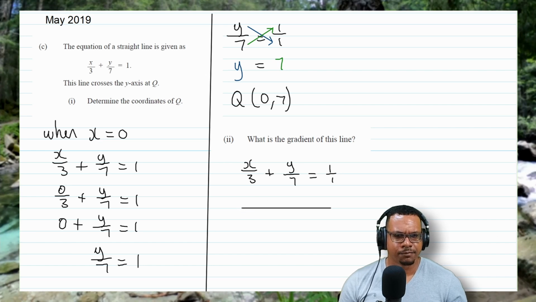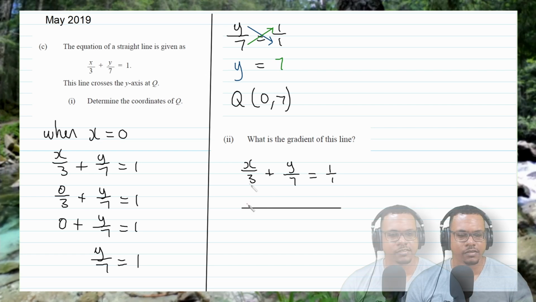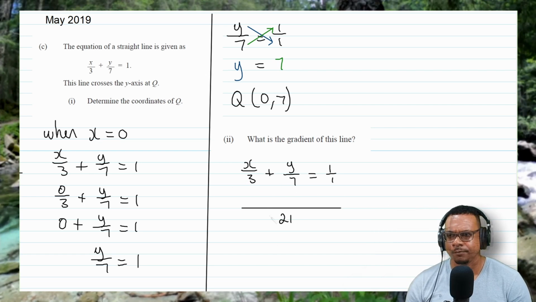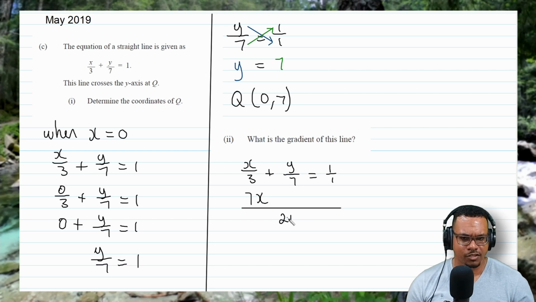And now I could find the LCM between 3, 7, and 1. So I can just multiply this 3 by 7 and get 21, and that will be the LCM. So now when I say 3 into 21, I get 7. Take that 7 and multiply by the numerator, which is x, and I'll get 7x. Then 7 into 21 is 3, and 3 multiplied by this numerator here, which is y, will give me 3y is equal to, and 1 into 21 is 21. 21 times this numerator, which is 1, will give you back 21.